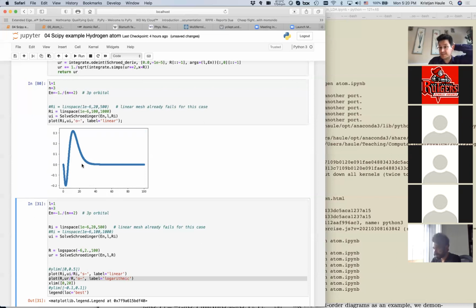What is this signal? Well, this is expected, because the function of the 3p orbital at 20 is larger, isn't it? You can see in the plot that it goes to larger R. So the 3p orbital is larger, and therefore we need to go to much larger R before we assume that it's numerically 0.